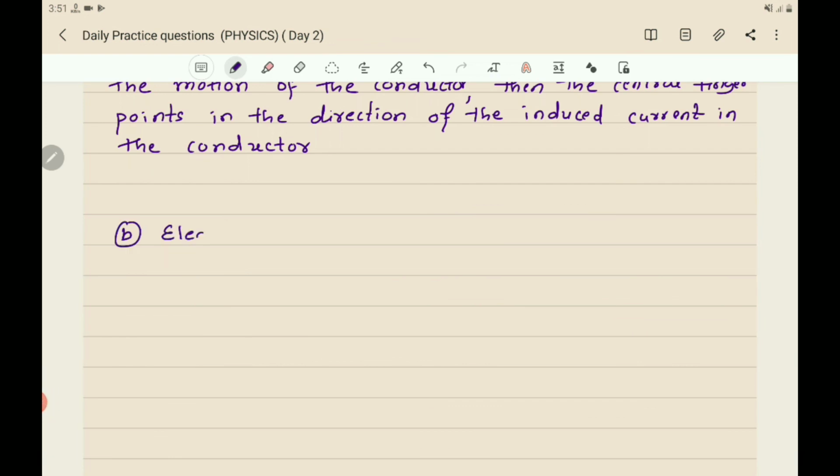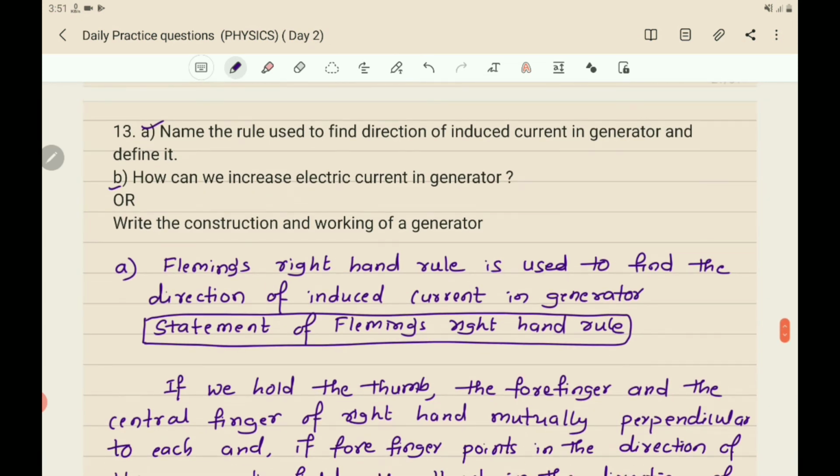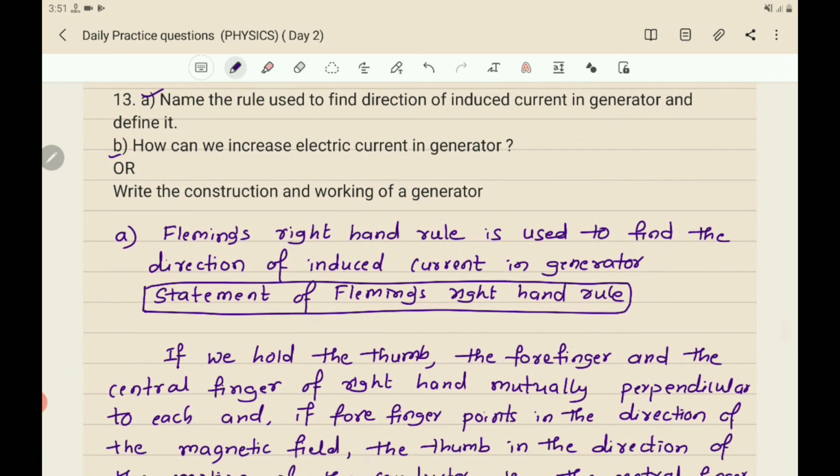Electric current in a generator can be increased. So here the question is, how can we increase electric current in generator?